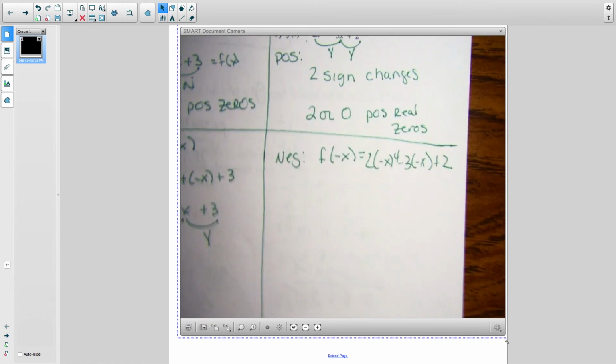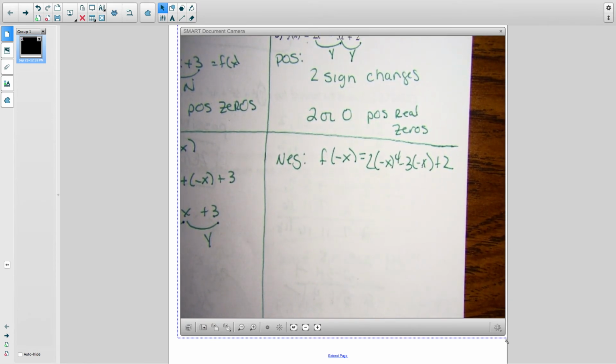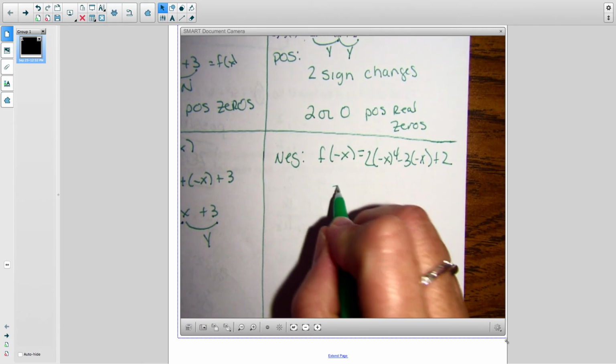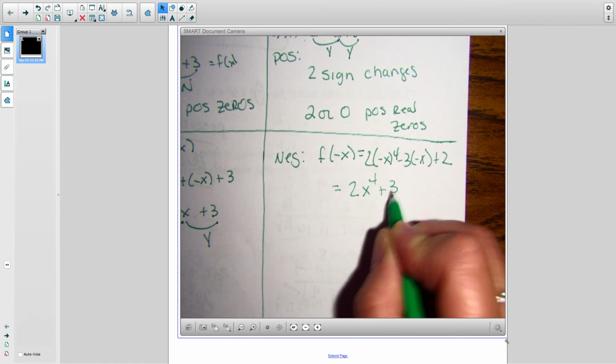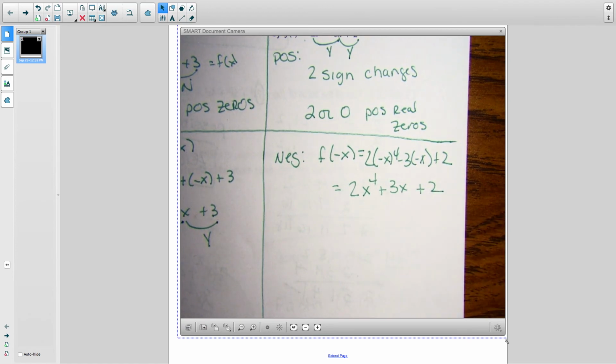Then for the negative, before I can determine the sign changes, I have to plug in a negative x for all the x values. So this is 2x to the 4th plus 3x plus 2. How many sign changes here?